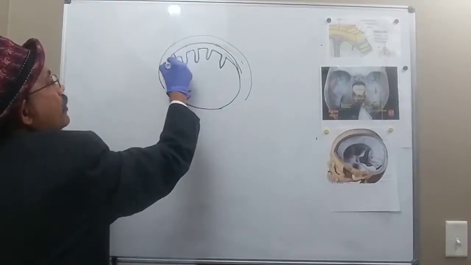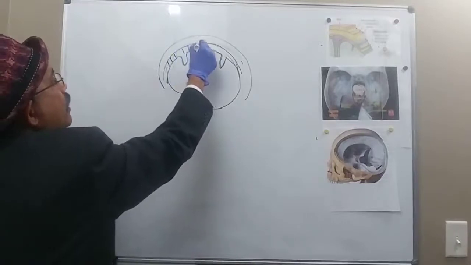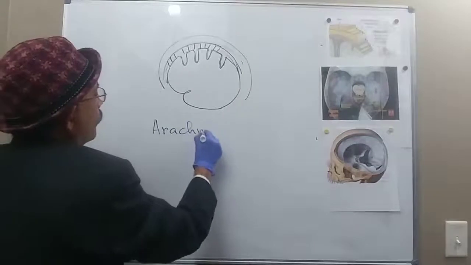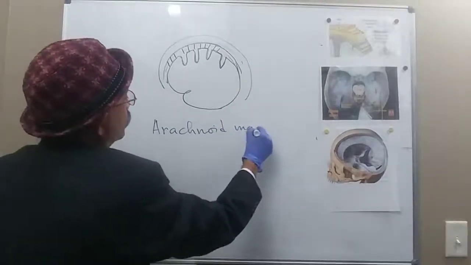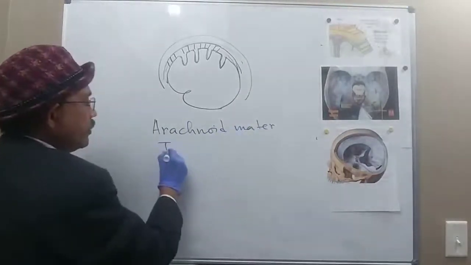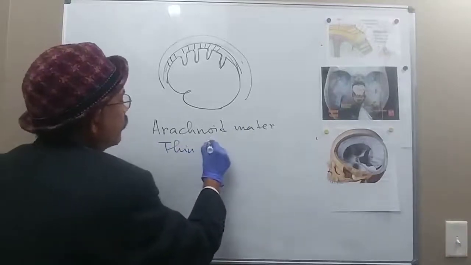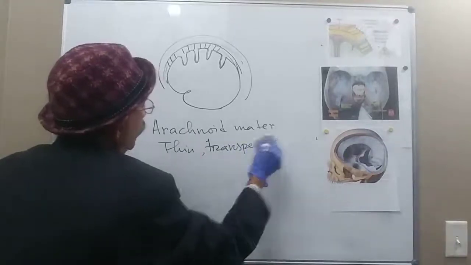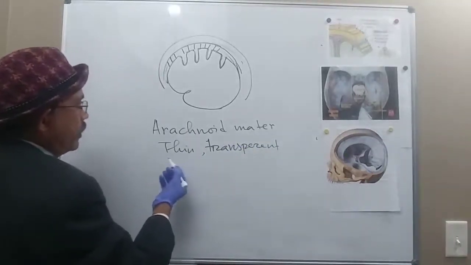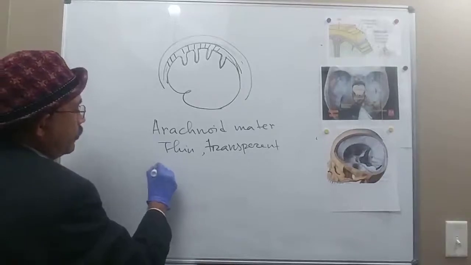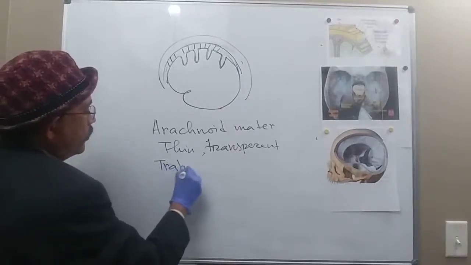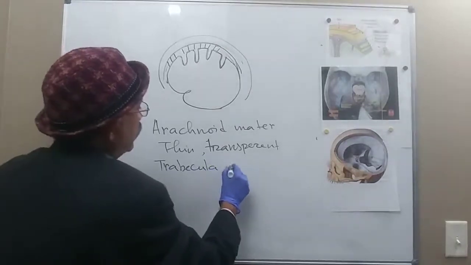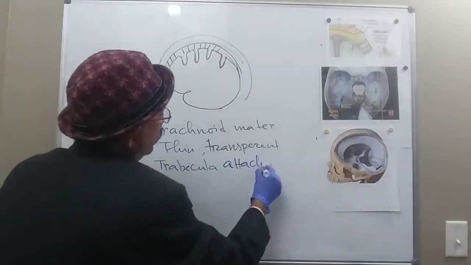We have a lot of arachnoid villi. The arachnoid mater is thin and transparent, and it has a lot of trabeculae, just like a spider web, attaching to the pia mater.